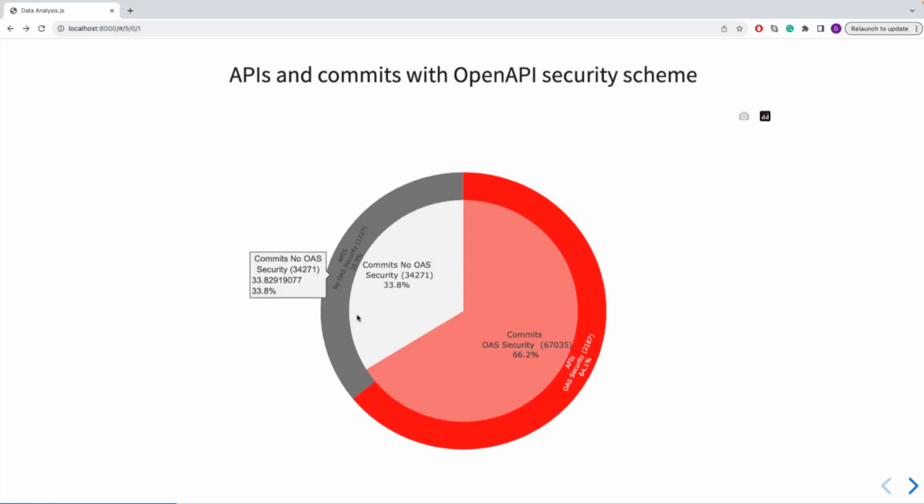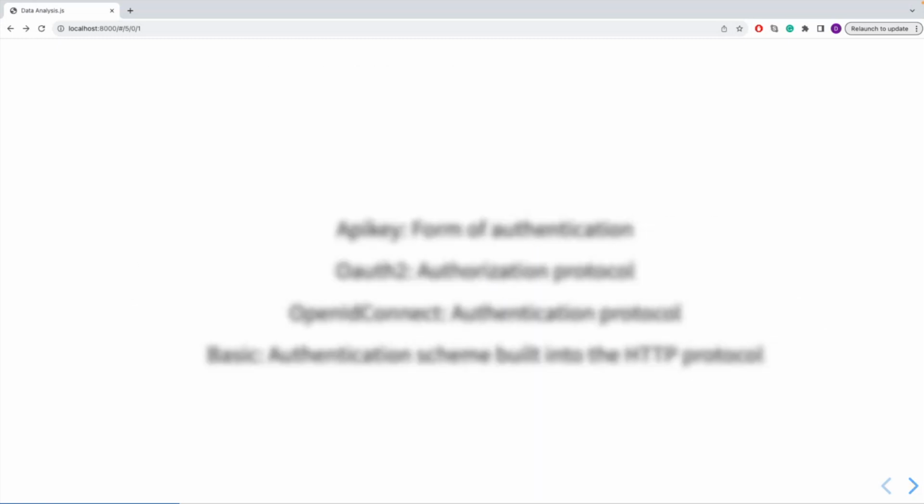And we also have APIs that don't follow the OpenAPI specification with the security schemas. That is 35.9%, corresponding to 33.8% of the commits.